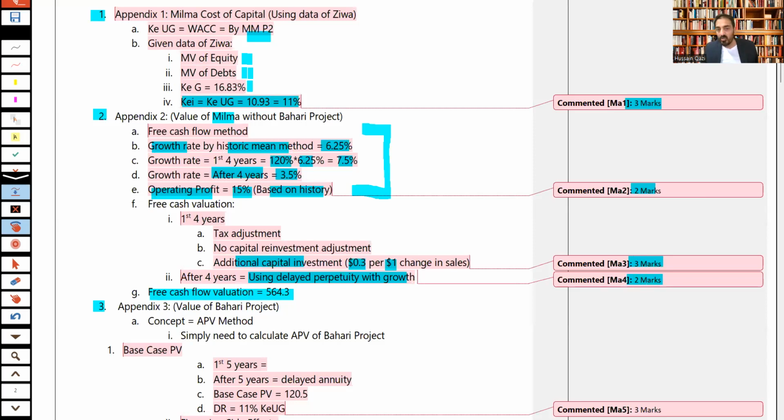Delayed perpetuity, 2 marks. Total with delayed perpetuity, 2 marks. If you have done something wrong, the marks with that particular step will be charged as wrong. You will be penalized for that particular step. But in the next step, if you do the right things, the procedural marks will continue with the own figure rule, OFR.